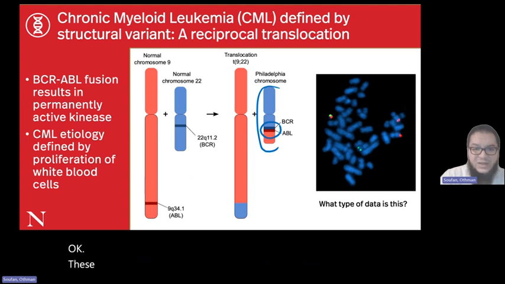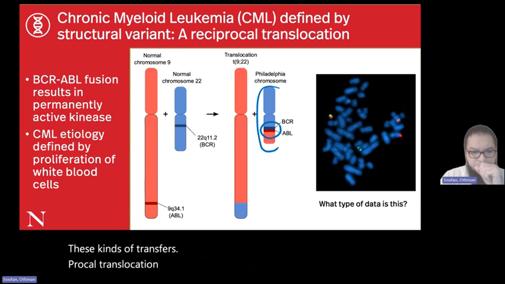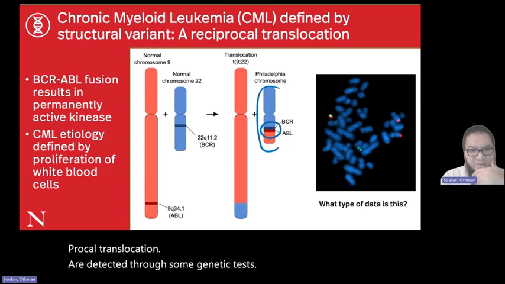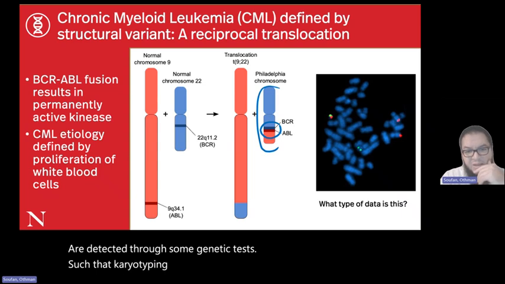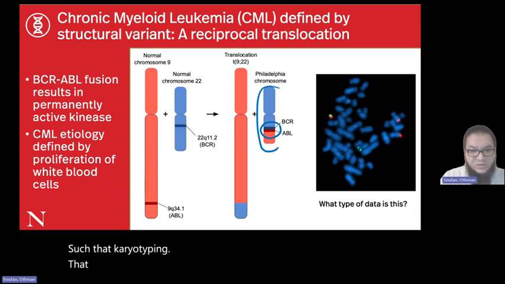These kinds of reciprocal translocations are detected through some genetic tests, such as karyotyping, which we know is a way to visualize the chromosomes.